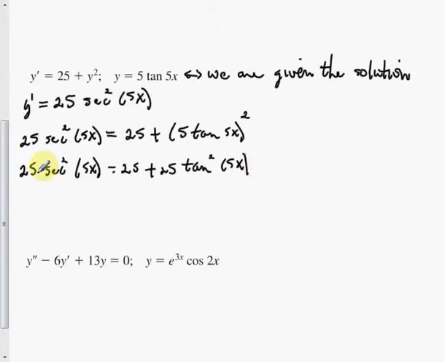All right, so you can divide through by 25, which leaves us with secant squared 5x is equal to 1 plus tangent squared 5x. And by an identity in trigonometry, that's the same, right?